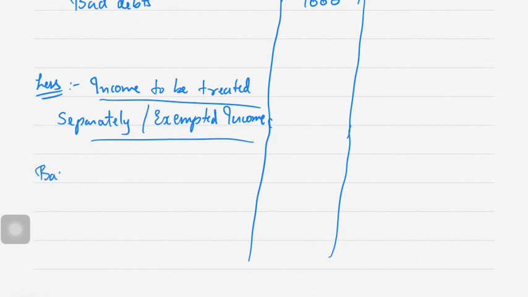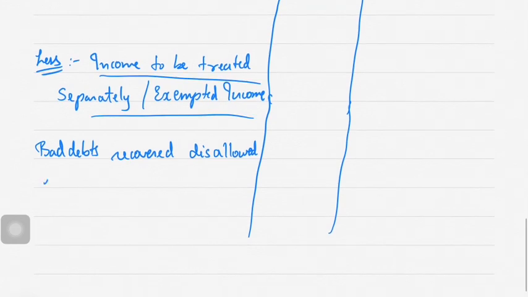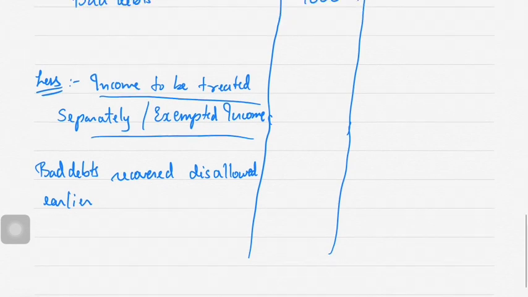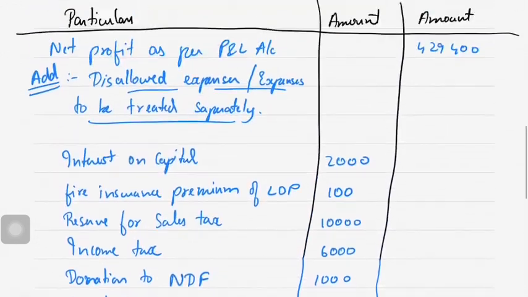First one is bad debts recovered, disallowed earlier. Which is 2000, no?